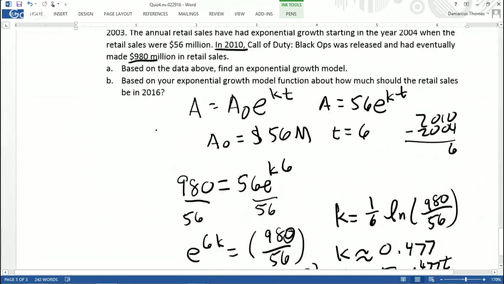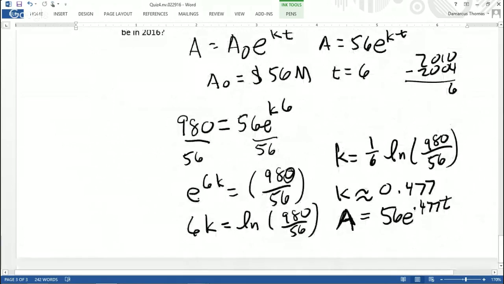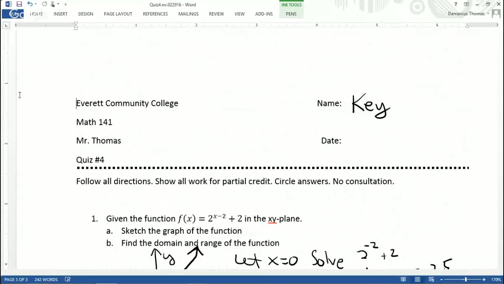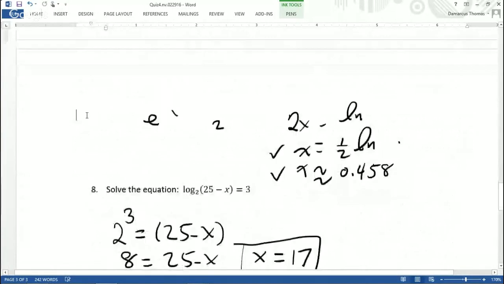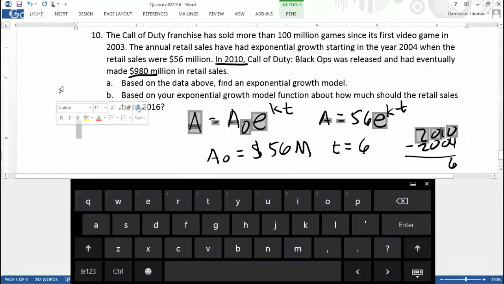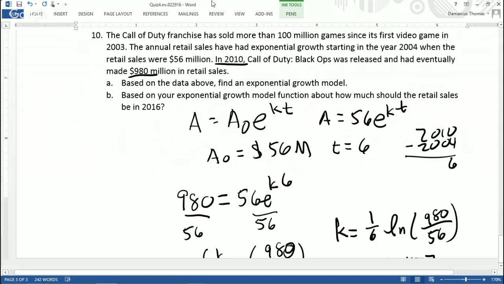sales be in 2016? So we need to let, in this particular problem, we're going to have to let t be the difference between 2016 and 2004.